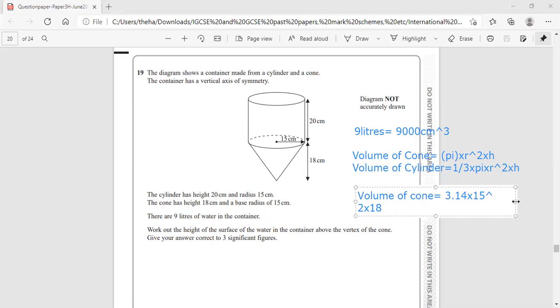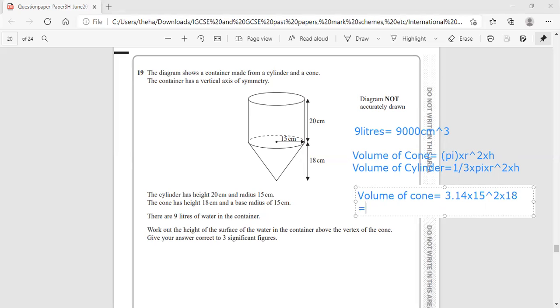And that will give us a volume of, so let me just put that into my calculator, pi times 15 squared times 18 gives us 4,050 pi centimeters cubed.